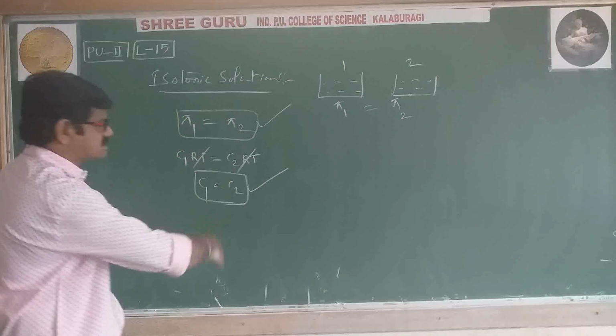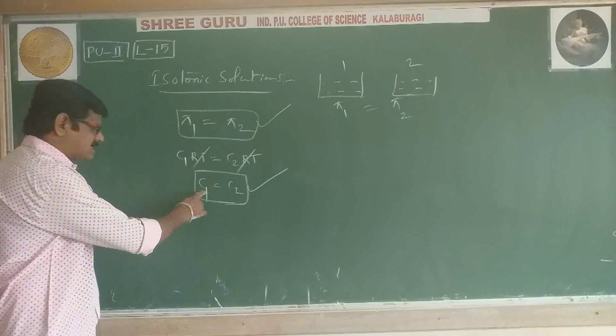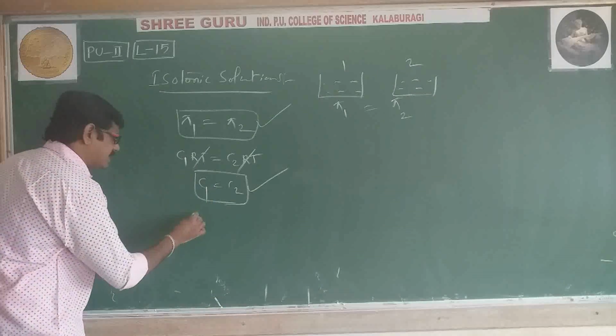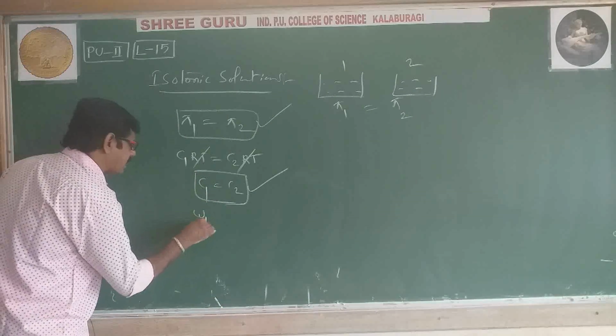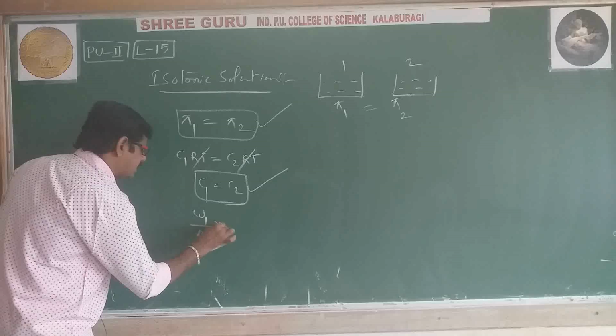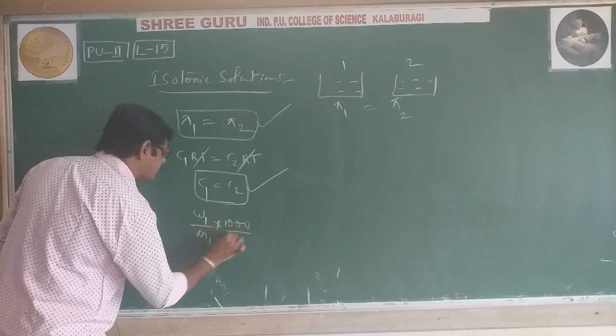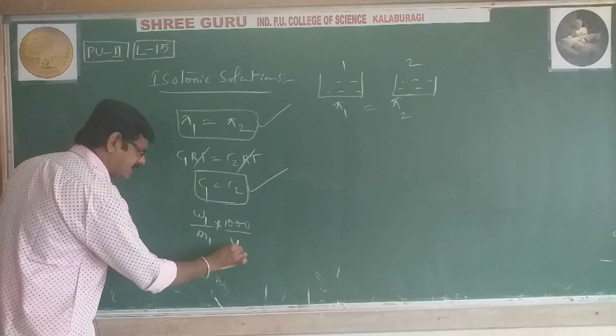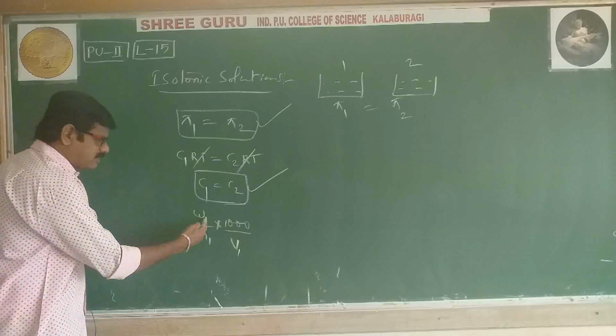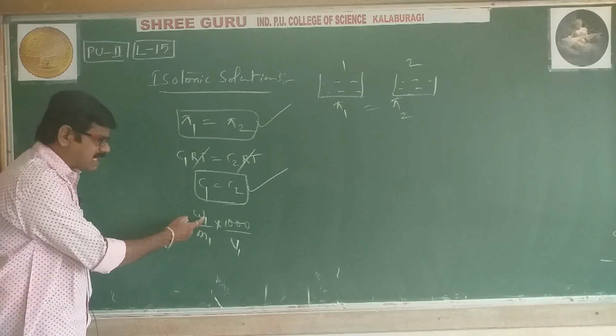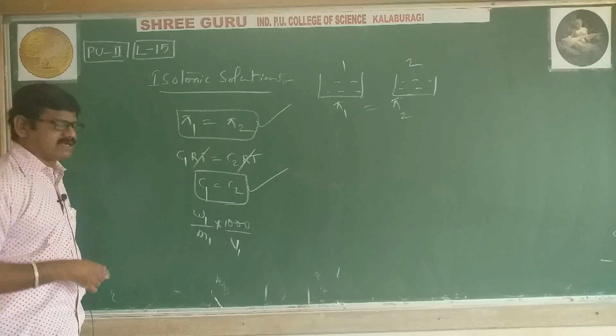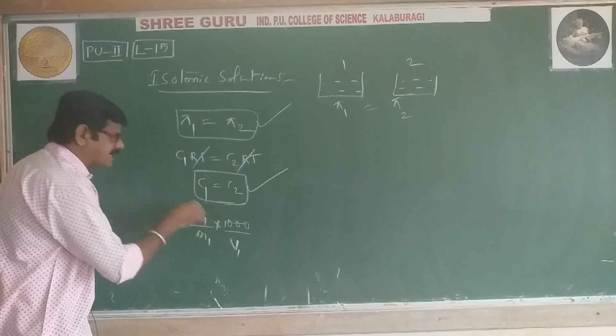Right, now we will extend the formula. Concentration is nothing but molarity. We will take the first sample molarity formula, W1 by M1 into 1000 divided by V1. Here W1 does not mean mass of solvent. 1 means not solvent; 1 means sample 1 related formula.